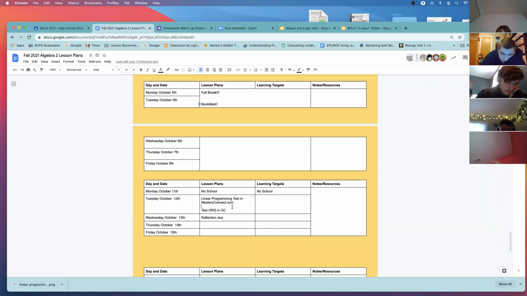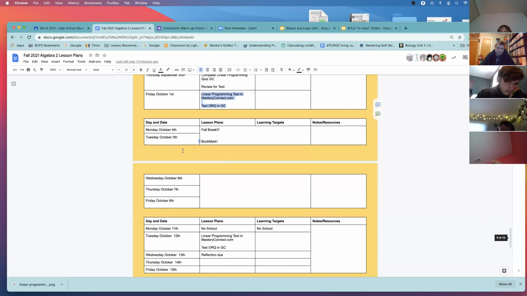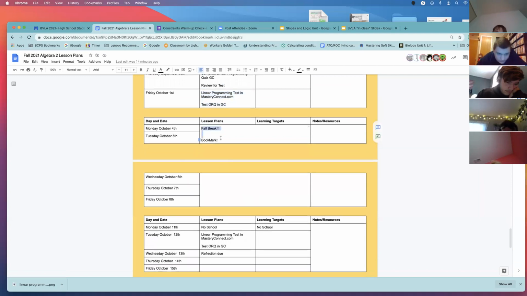So what does that mean? That means you got to work within your constraints. You're going to figure out what's best for you. If you want to take the test on Friday, you have time on Friday to take the test. If you want to take it over fall break, you can take it over fall break.